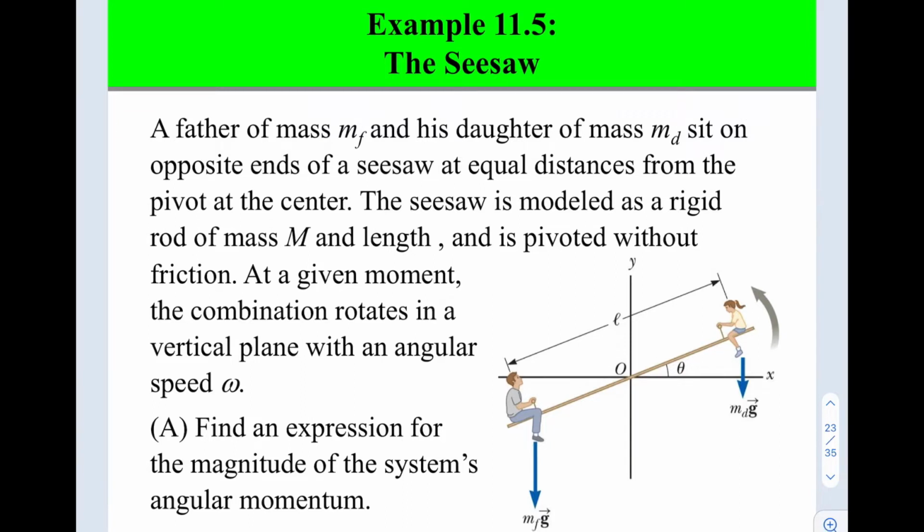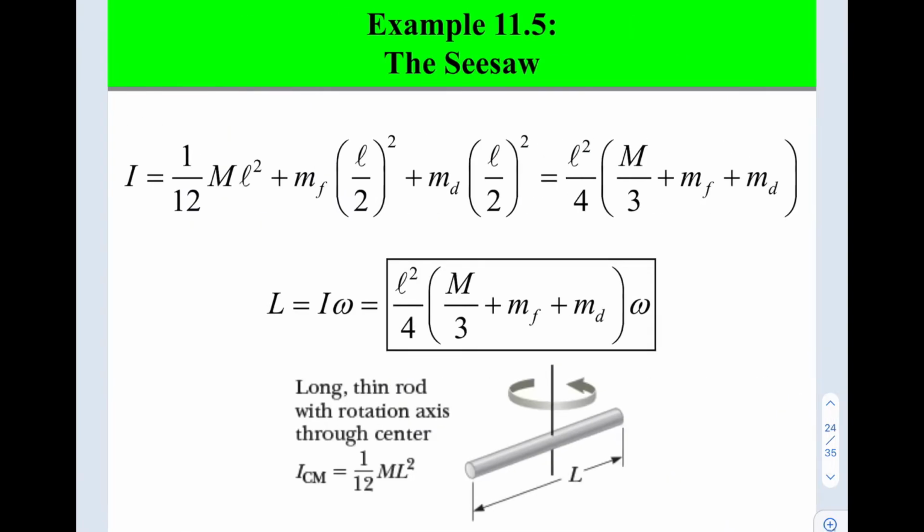At a given moment, the combination rotates in a vertical plane with an angular speed of omega, shown here. Find an expression for the magnitude of the system's angular momentum.